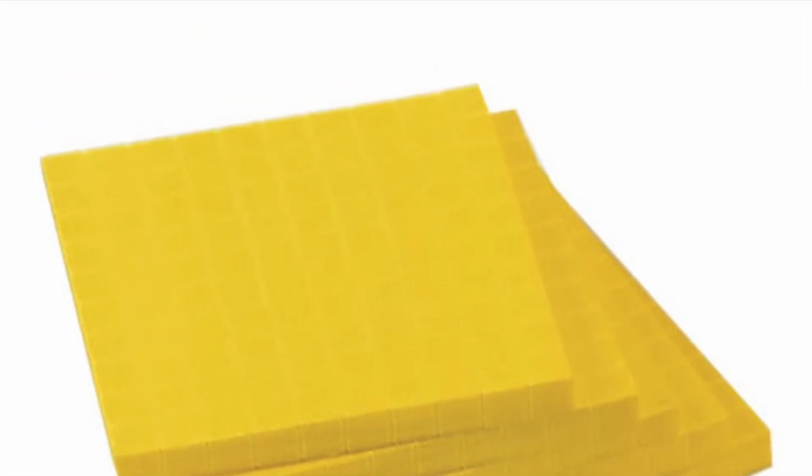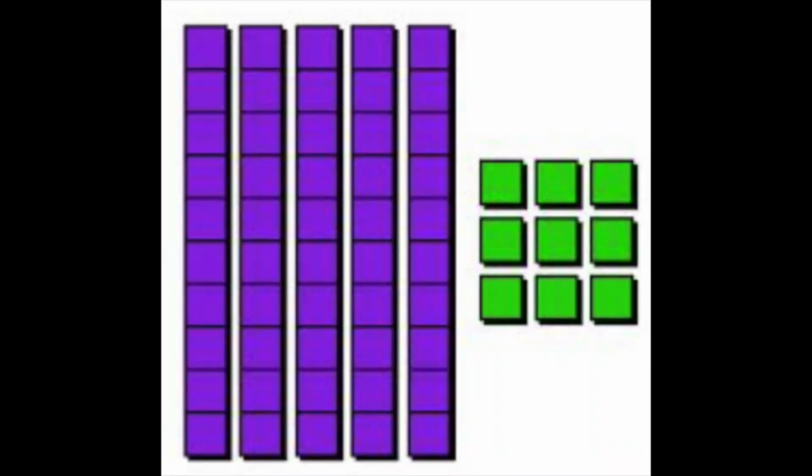They represent 100 units, or 1.00. So if I give you the decimal 0.49, that would be represented by 4 longs and 9 single units. Together, they make up the decimal 0.49.